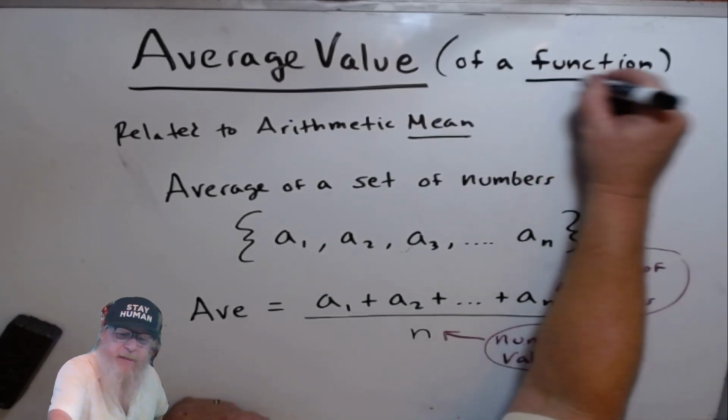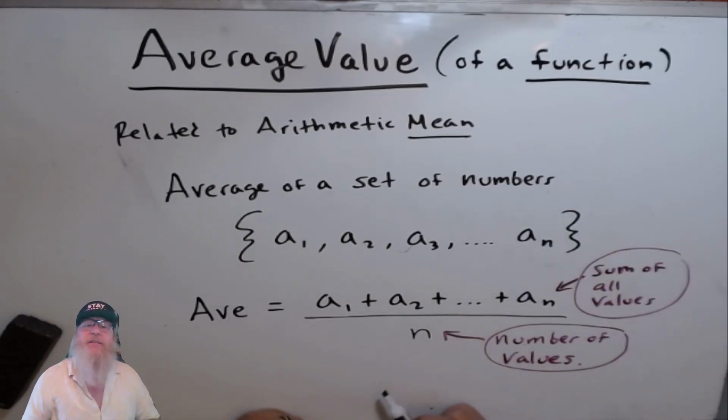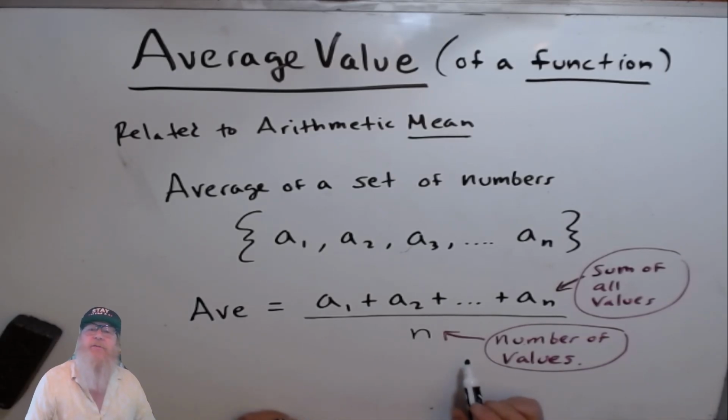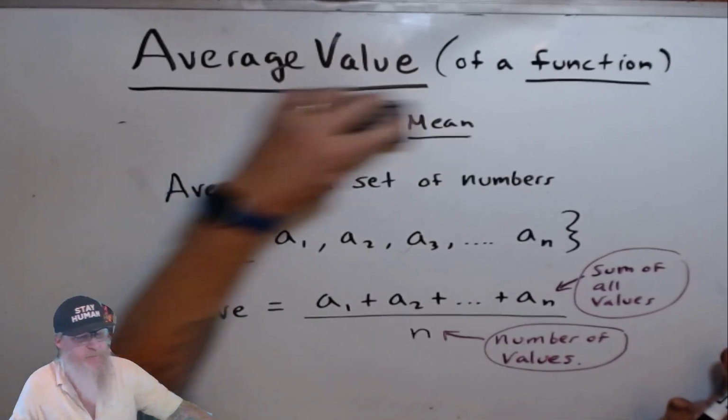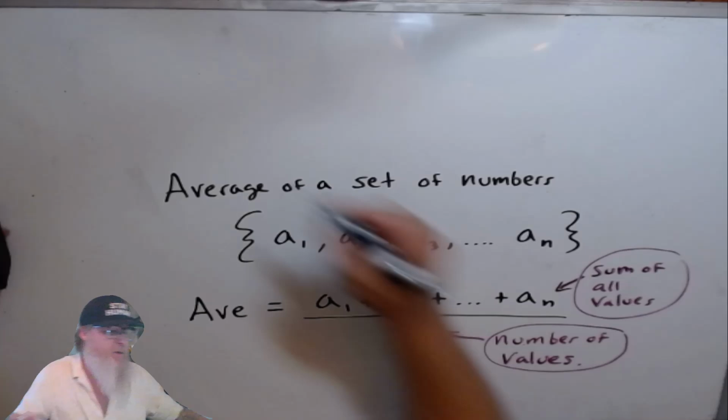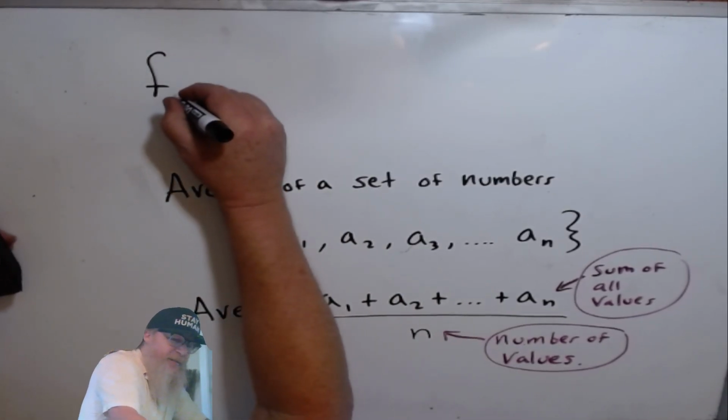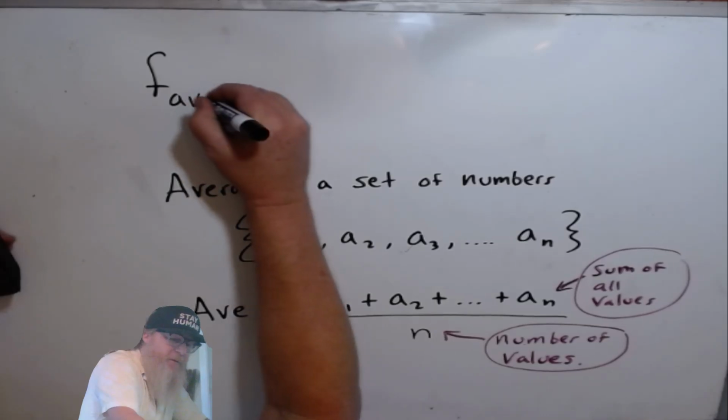Well, in calculus, we're going to do something very similar to this, but instead of adding up numbers, what we're going to do is add up rectangles. So we're going to call this the average value of a function.